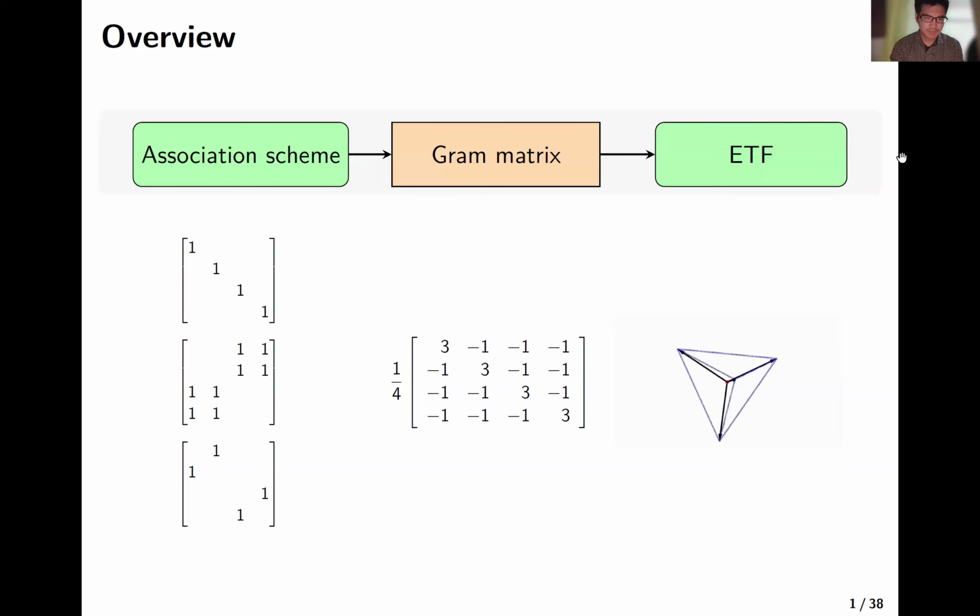In particular, from an association scheme, we can get these idempotent matrices, which we can add together, and these give us gram matrices. These gram matrices track inner products of certain vectors. From this gram matrix, we can recover these vectors, such as these vectors over here in this tetrahedron. Those vectors have special properties, which turn them into what's called an equiangular tight frame. So again, we're using association schemes to find these gram matrices of equiangular tight frames.